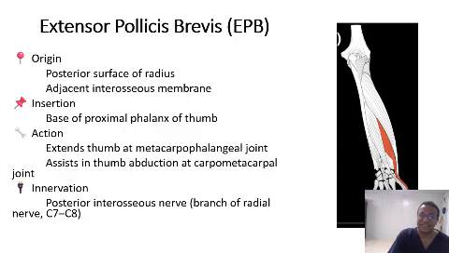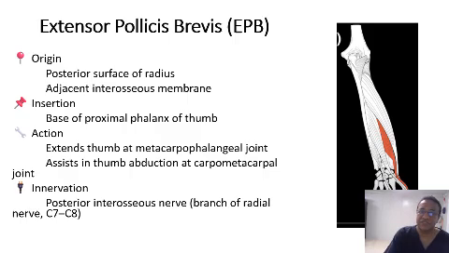It inserts at the base of the proximal phalanx of the thumb, allowing it to extend the thumb at the metacarpophalangeal joint. It also assists in abduction at the carpometacarpal joint, working alongside the abductor pollicis longus.